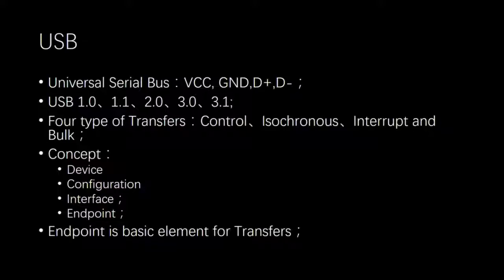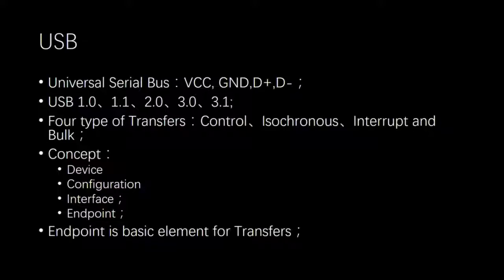Basically it has 4 pins for the communication. 2 pins are for the power source, VCC and the GND, and the other 2 pins are for the data transfer, D plus and D minus.